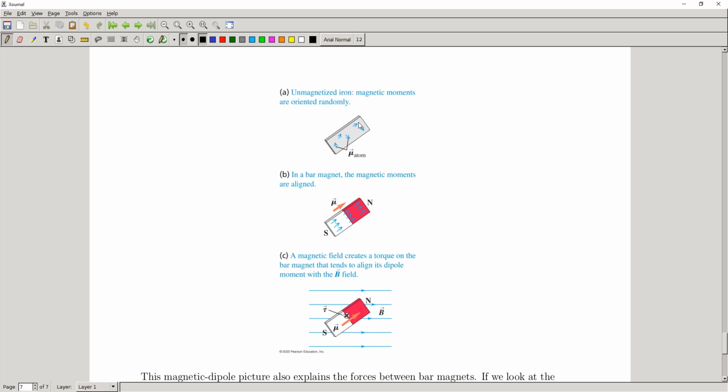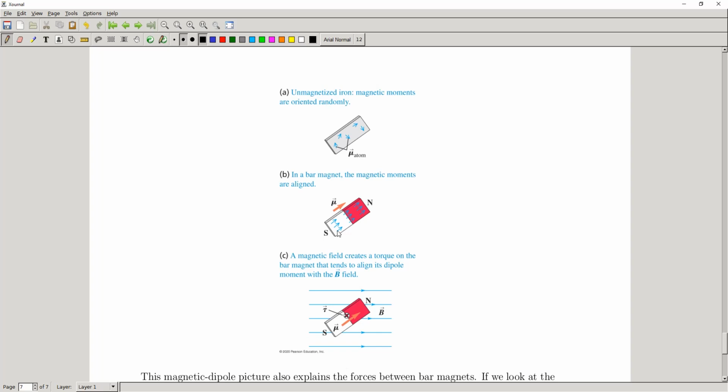But let's say you took a powerful magnetic field and you put your chunk of iron in that powerful magnetic field such that the magnetic field forced all of these tiny little atomic magnetic moments to line up, okay? If they all line up, then all the electrons are spinning in the same direction, and all the atoms have these magnetic moments that are all nicely lined up, and you end up with your magnetic moments looking like this.